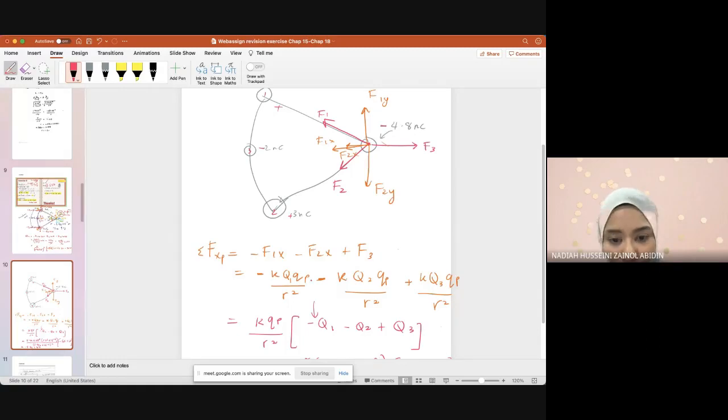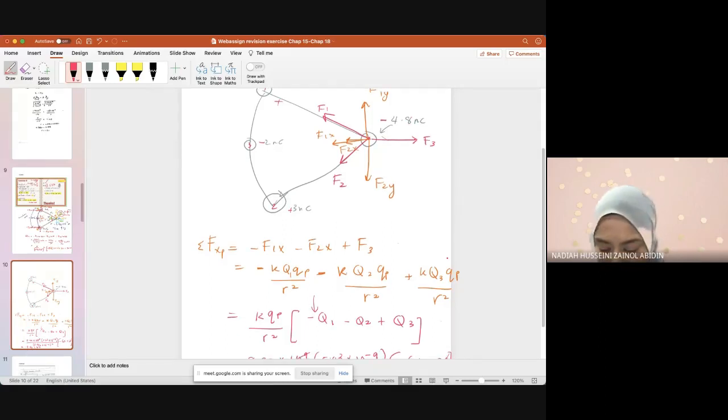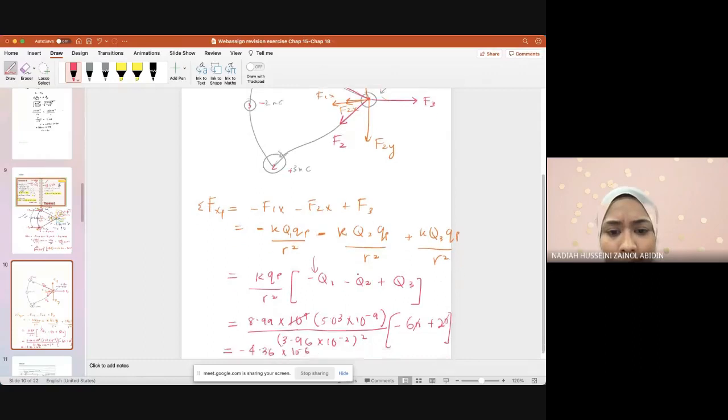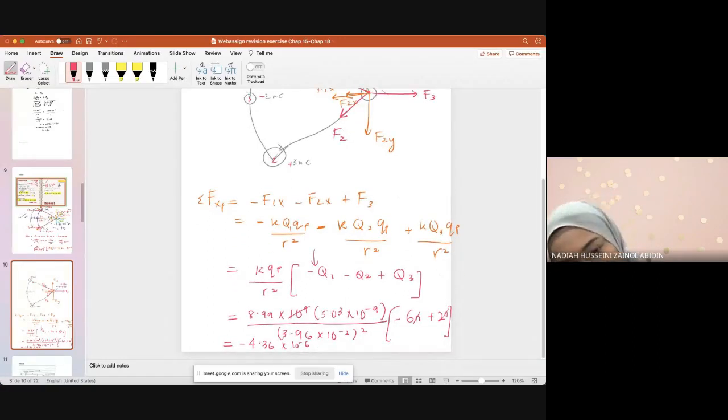K, Q, Q over R squared. K betul, Q is this guy, 4.8. Substitution betul ke? Silap, saya nak tukar ni jadi 5.03. The answer should be right.